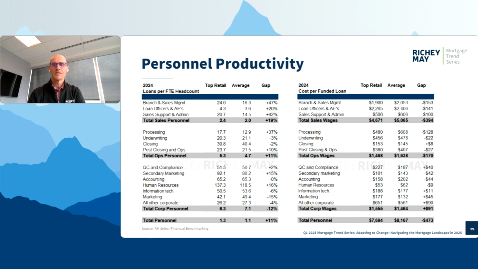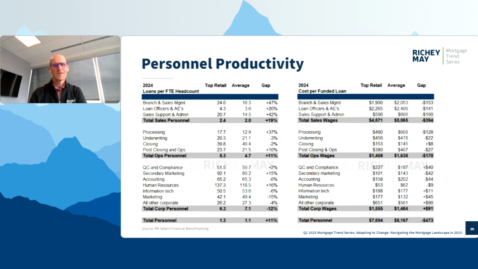And so the file itself is going to be more complex and take more time. So that one could also just be a product of the geography and the average loan amount. So I think that one is probably a significant contributor there to the processing as well. But they also are paying attention to those processor productivity metrics and productivity metrics in other areas.